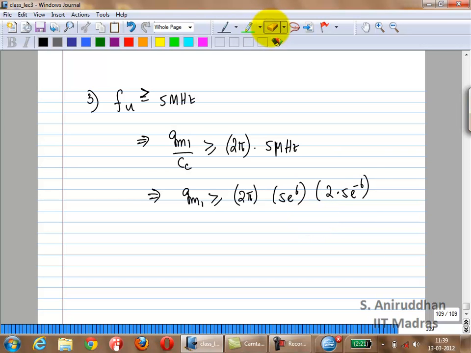So the GM1 needs to be larger than 78.5 microsiemens.